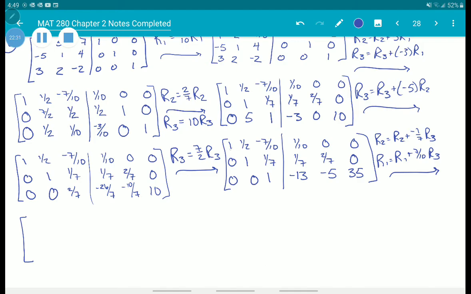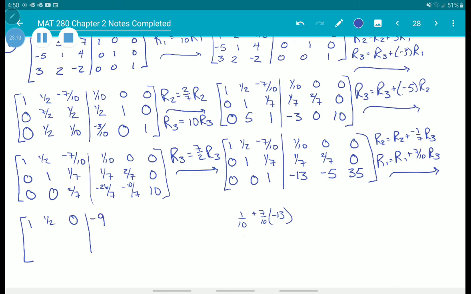So I'm going to start with row 1. So 1 plus 7/10 times 0 is 1. 1/2 plus 7/10 times 0 is 1/2. -7/10 plus 7/10 is 0. And then we have 1/10 plus 7/10 times -13. I got -9.